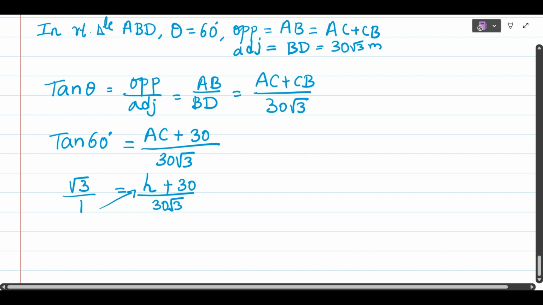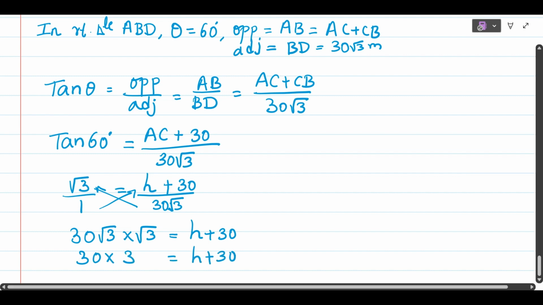Now you do cross multiplication here, students. So you will get 30 root 3 into root 3 is equal to H plus 30 into 1, which gives H plus 30. Okay. So root 3 into root 3 gives 3, no. So 30 into 3 will be equal to H plus 30. Is it clear, students?